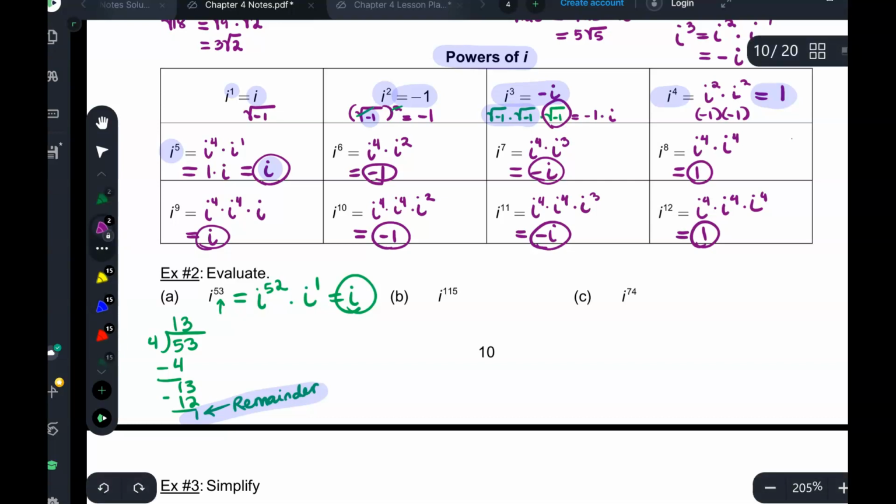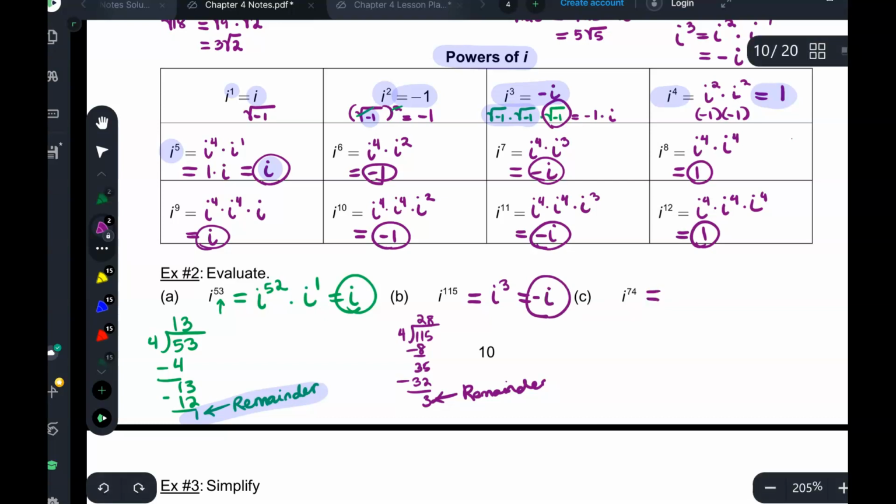So looking at the next one, 4 goes into 115 two times. We get 3 as the remainder. So this is going to be equivalent to i to the 3rd power, which is negative i.